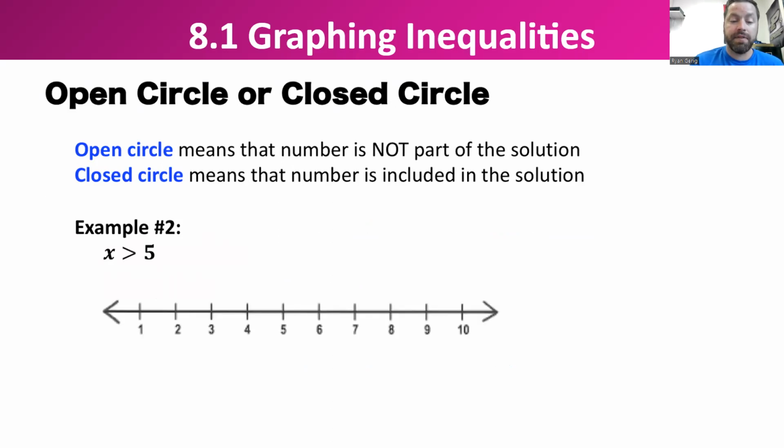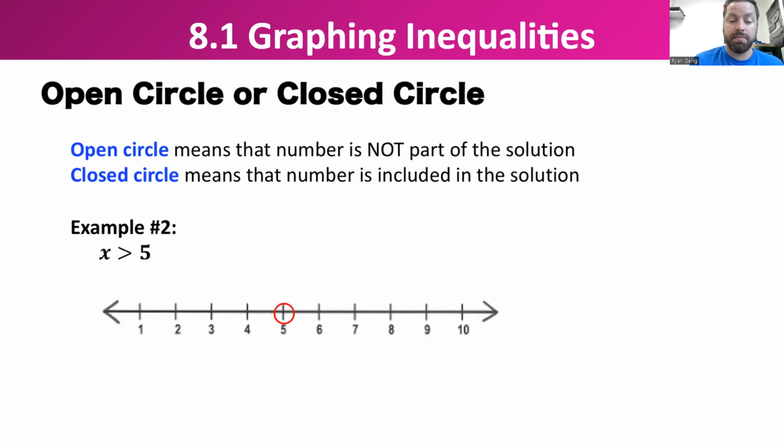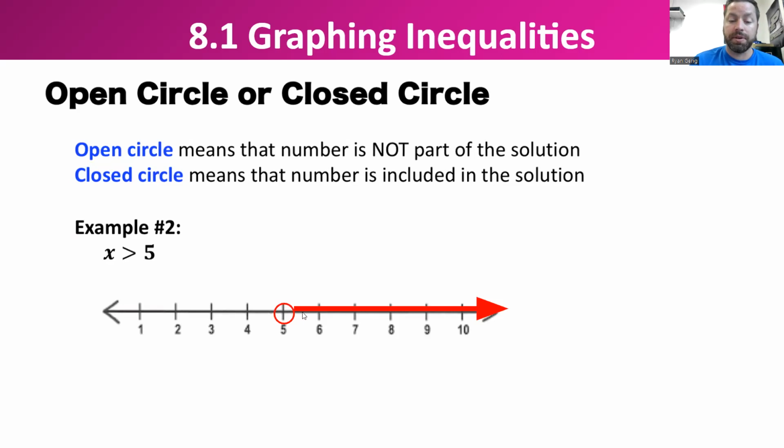If I put 5 in for x, is that a true statement? Is 5 greater than 5? No, it's the same. So it's not part of the solutions, and we put an open circle. We do not want to include 5 as a possible solution, but all the numbers bigger than 5 we would shade or color.